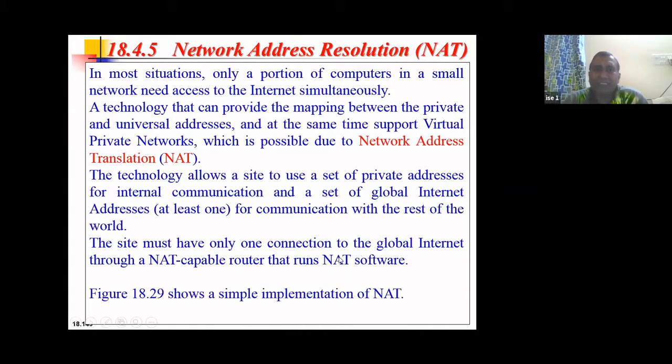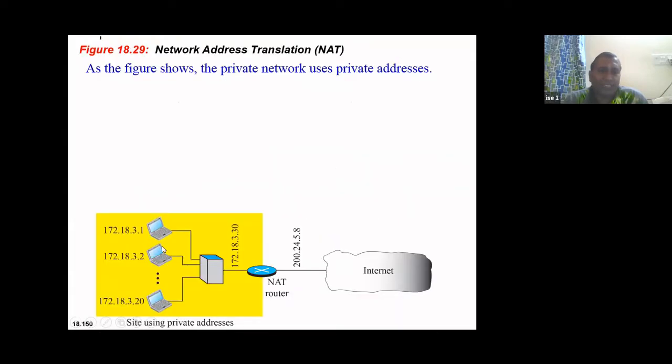How exactly this works, we will show through the diagram. You got the idea. This organization has 20 addresses from 172.18.3.1, 2 and so on up to 20. So 20 systems are connected over here, and these are the private addresses.